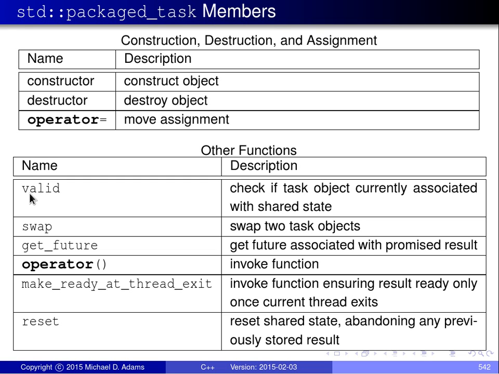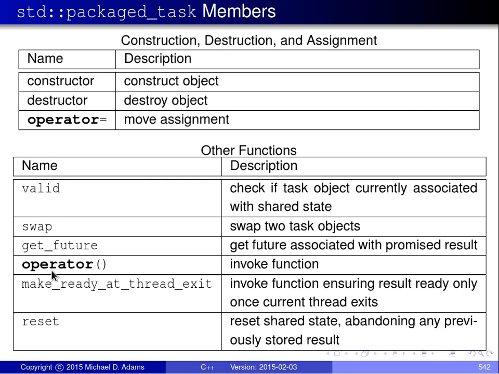So we have a member function called valid that checks to see if the package task object is currently associated with any shared state. The swap function, which swaps the contents of two package task objects. The getFuture member function allows the future object that's associated with the package task to be retrieved.